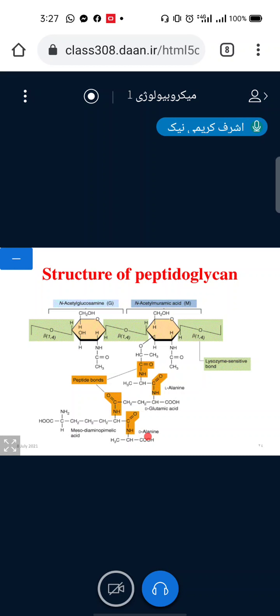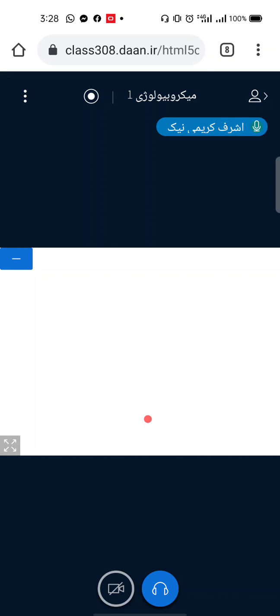The strand of peptidoglycan and peptide bridge: NAG, N-acetylglucosamine, NAM, N-acetylmuramic acid, and peptide chain or oligopeptide.